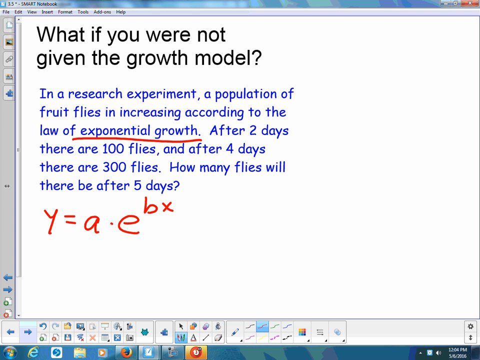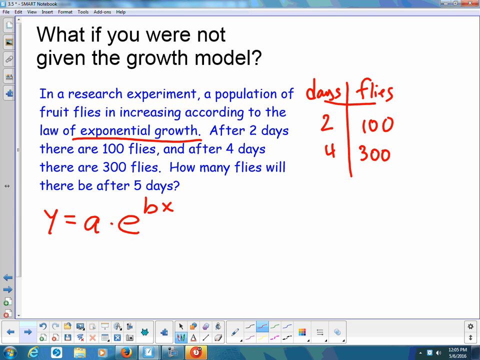After 2 days, there are 100 flies. 4 days, there are 300 flies. So think of those as your ordered pairs, if you will. Agreed? So days is x in this model, and y is the number of flies.